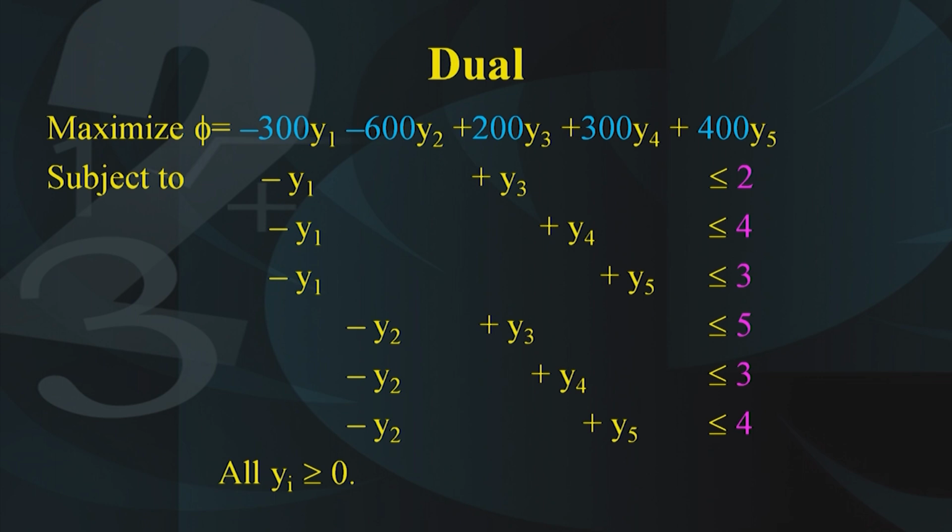So, maximization of phi which is equal to minus 300 y1 minus 600 y2 and so on, and the constraints, they have become less than equal to type, that is the decision variables are now y1, y2, etc., and the objective function coefficients have become the right hand side, the right hand side have become the objective function, and the Aij matrix has taken its transpose.